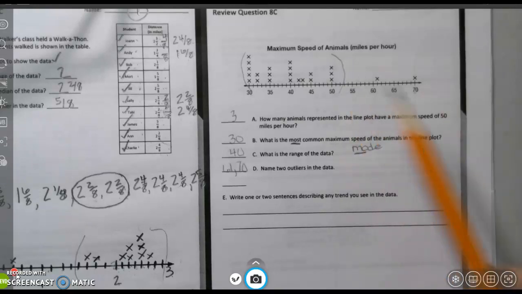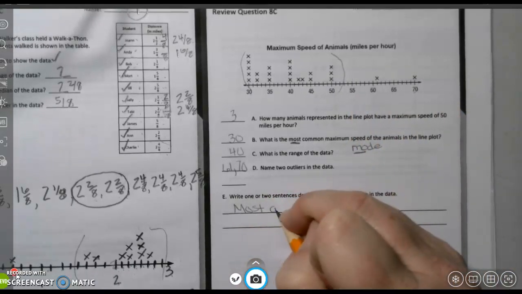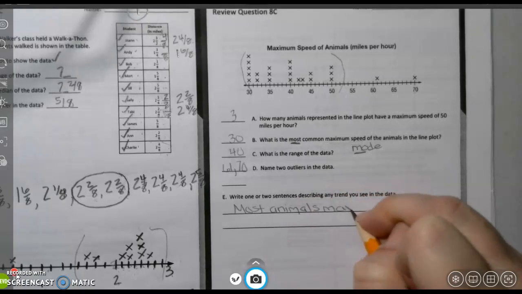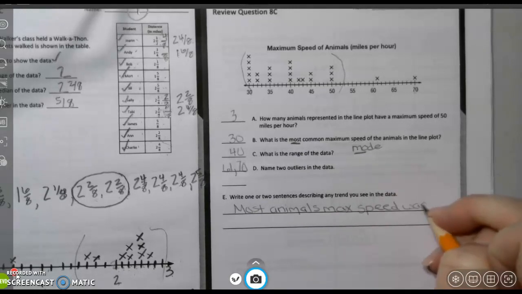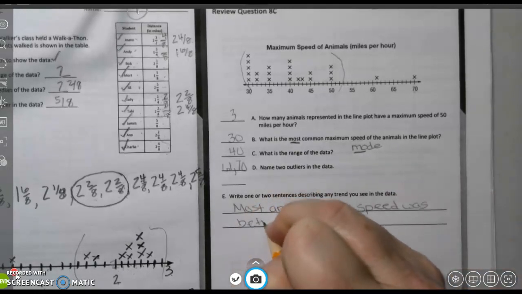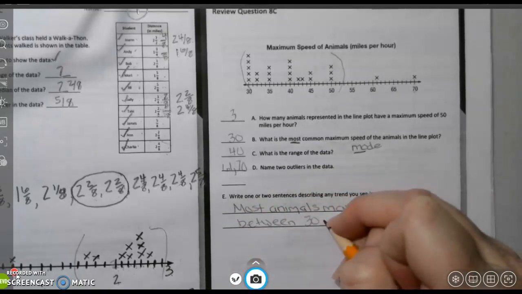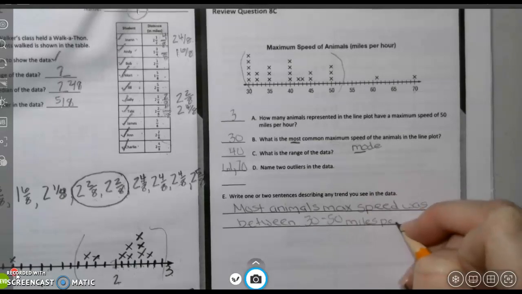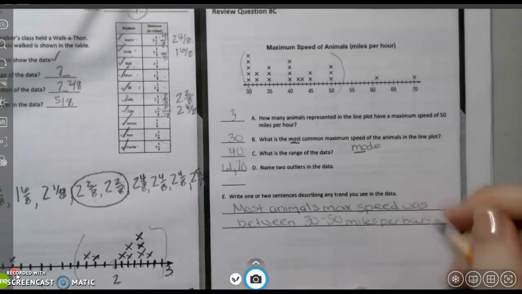I can look at this data and I could say most animals' maximum speed, max for short, was between 30 and 50 miles per hour. Miles per hour. So that would be one statement.